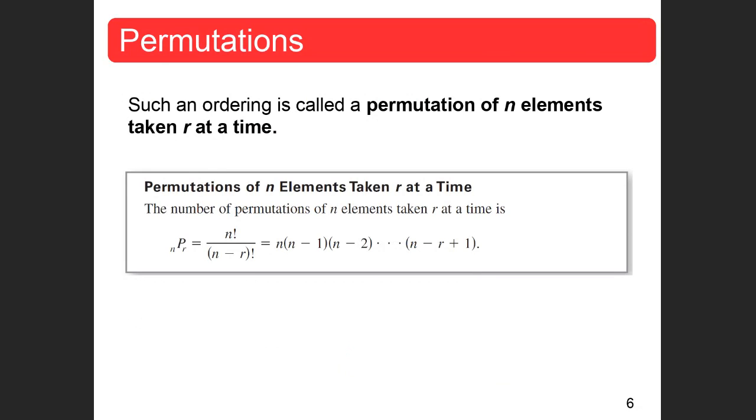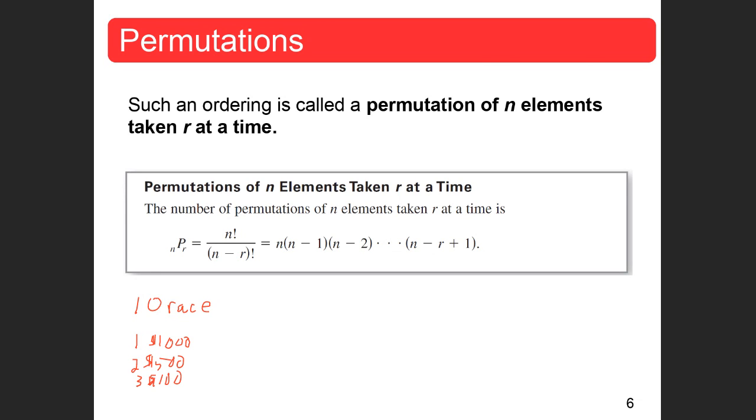For example, let's say there are 10 people in a race, okay? There's 10 people in a race, and the first place winner gets $1,000. Second place gets $500, and third place gets $100, and nobody gets anything after that.